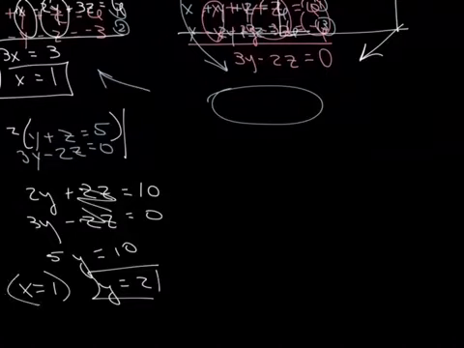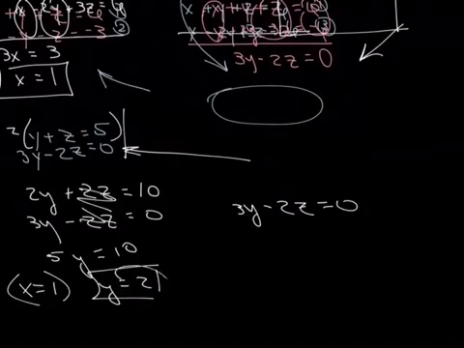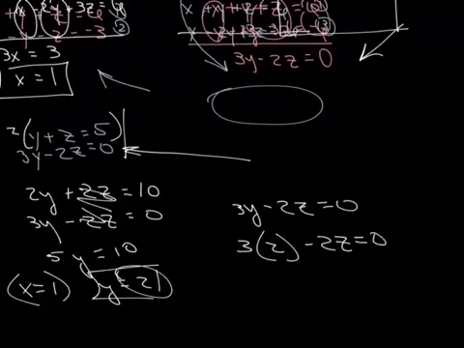Now I just have to find my z. So I'm just going to take, doesn't matter which equation, in fact let's take this one right there. 3y minus 2z equals 0. What is y? I found out y is 2. Since I only have one equation, it makes it real easy to find my z value.